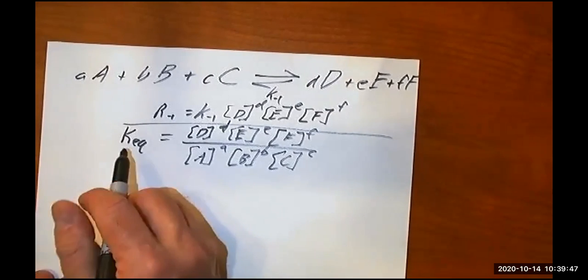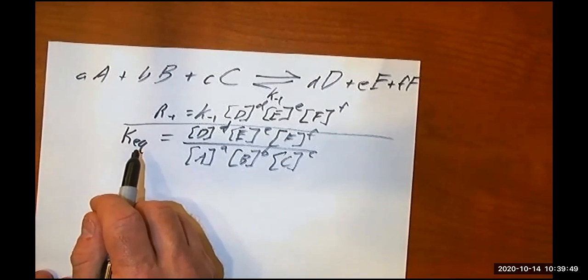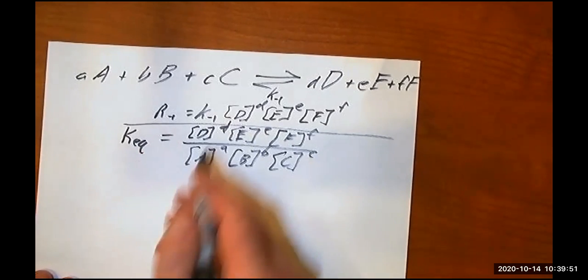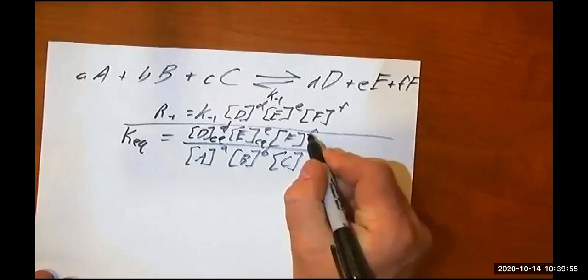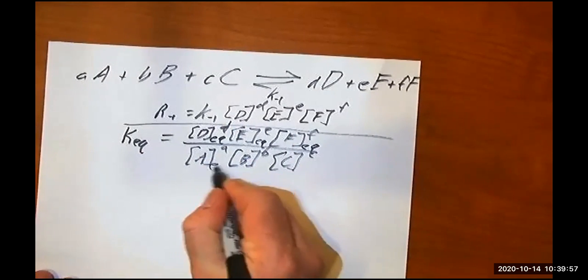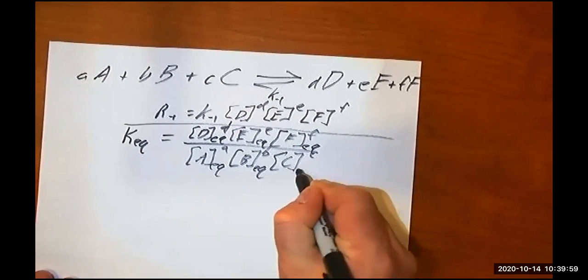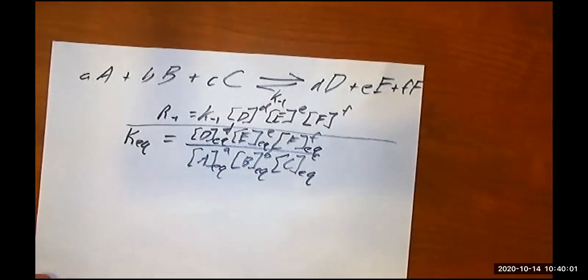Now, the K_eq, the equilibrium constant, is this ratio when the system has reached equilibrium. So I'm subscripting these with eq for it being at equilibrium.